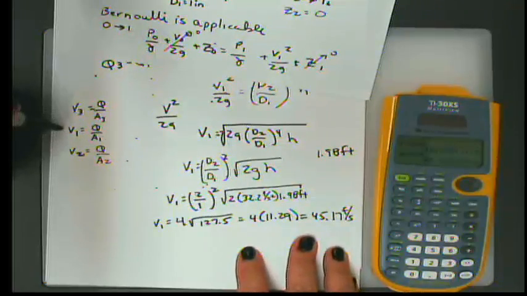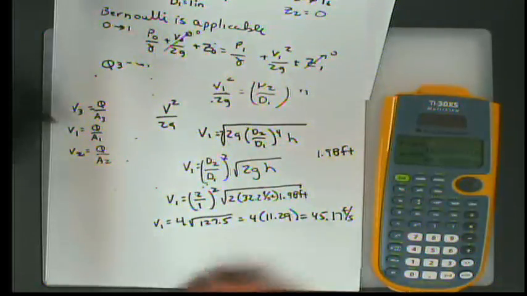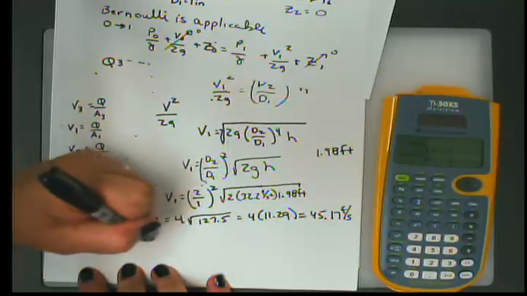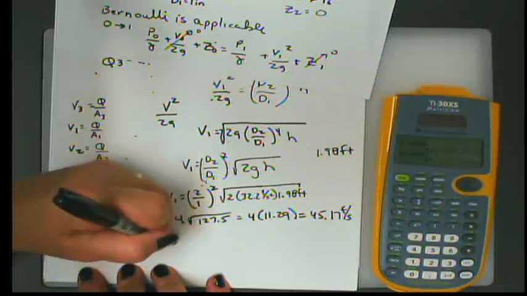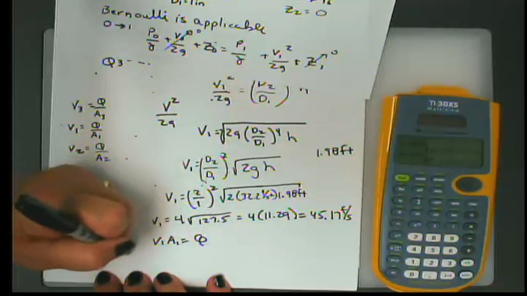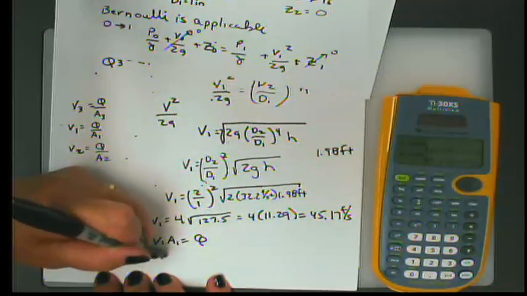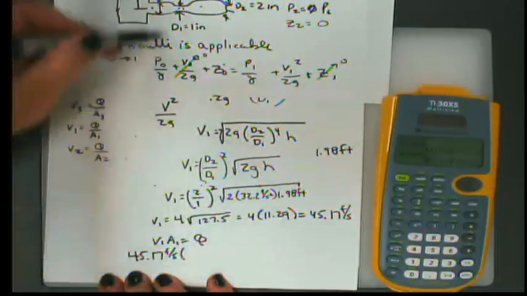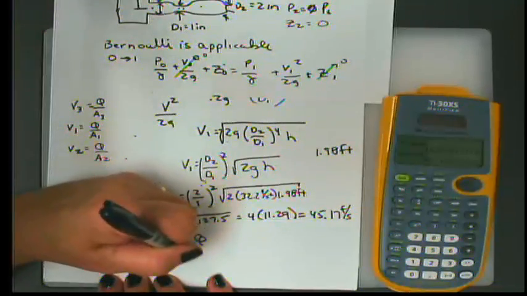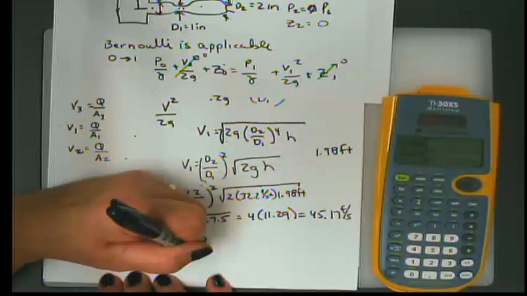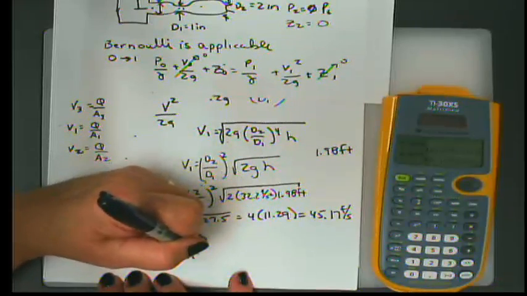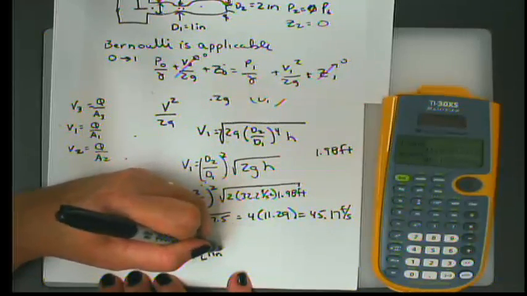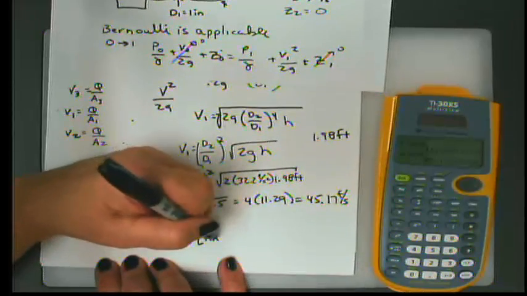All right, now using these relationships, let's go ahead and find my Q. So using this, I know that V1 times A1 is equal to Q. So 45.17 feet per second times the area of 1, which is pi d squared over 4, pi d1 squared, and d1 is 1 inch. Okay, let's do this.